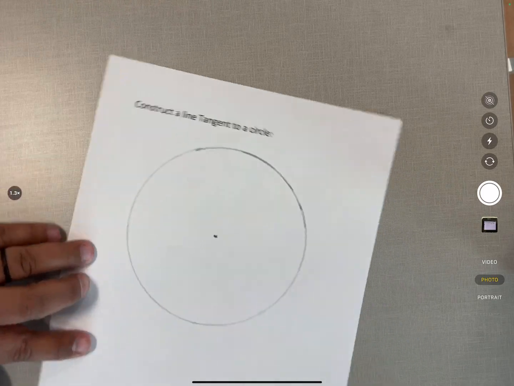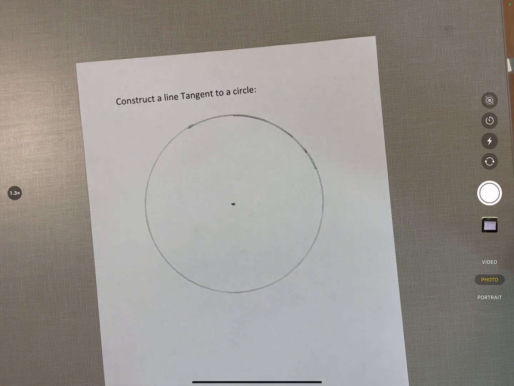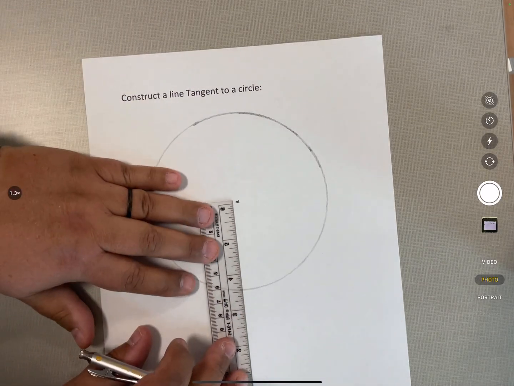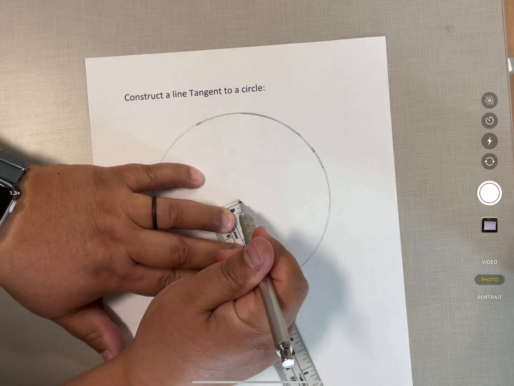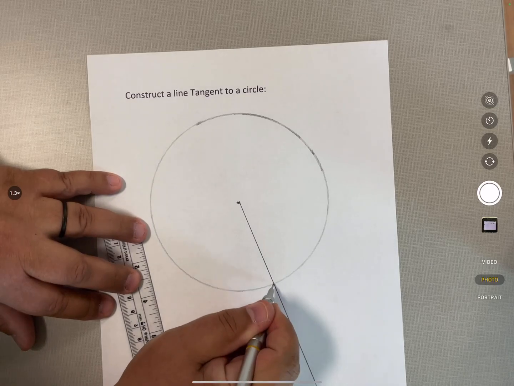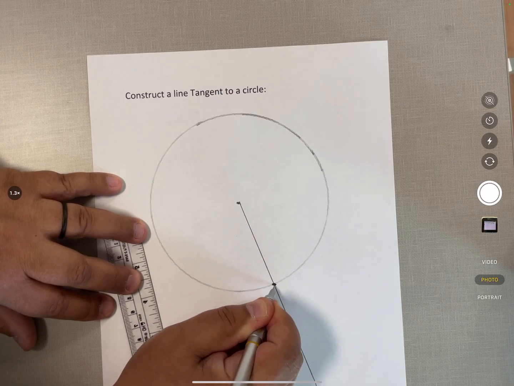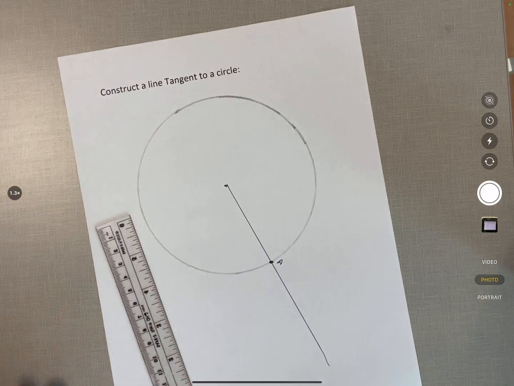Now, to do a tangent line, what we're going to do is draw a radius on this circle. It doesn't matter where this radius is going, but what we're going to do is strategically take the radius and extend it beyond. So this point right here, point A, is going to be the point of tangency.